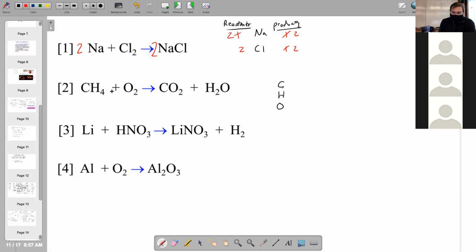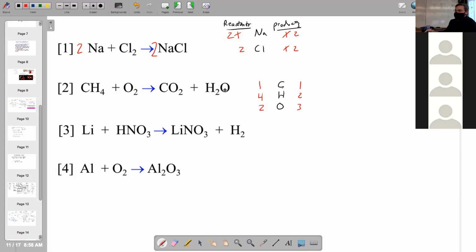Starting with the reactants, there's 1 carbon, 4 hydrogens, and 2 oxygens. For products, I got 1 carbon, 2 hydrogens, and 3 oxygens, because there's 2 oxygens in the CO2 and 1 oxygen in the H2O.